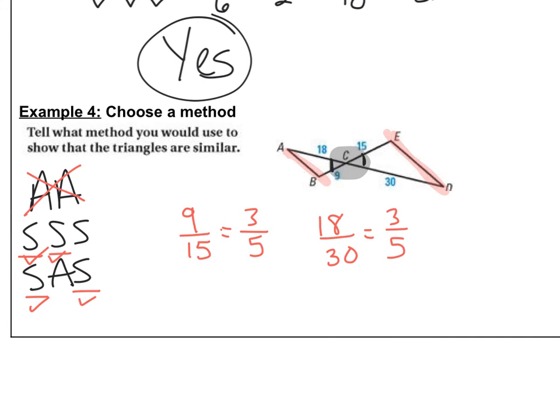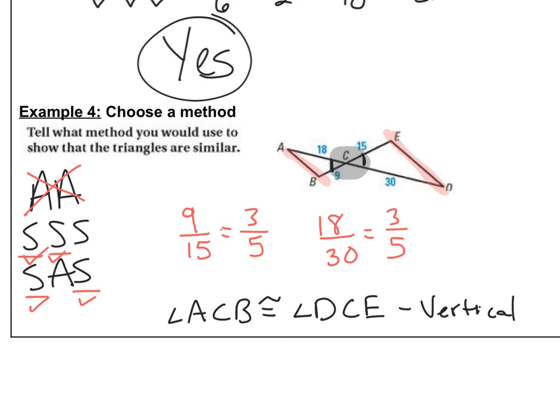So I could simply say that angle ACB is congruent to angle DCE, and they are congruent by the vertical angles theorem. Two lines intersect, creating two sets of vertical angles.